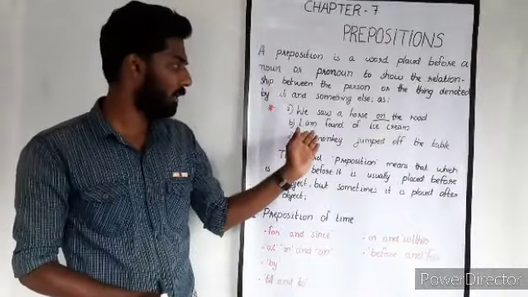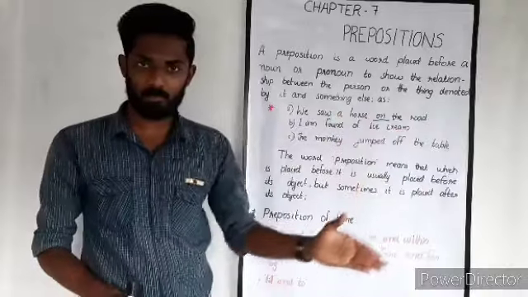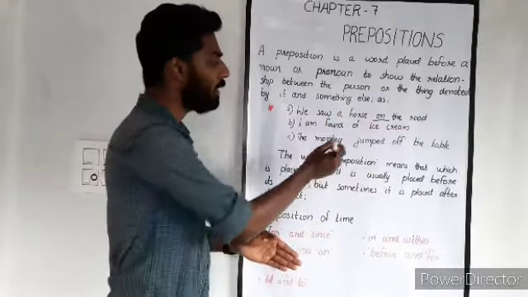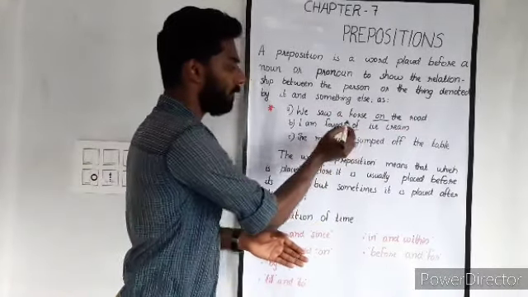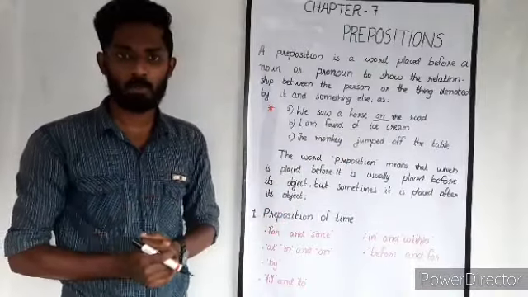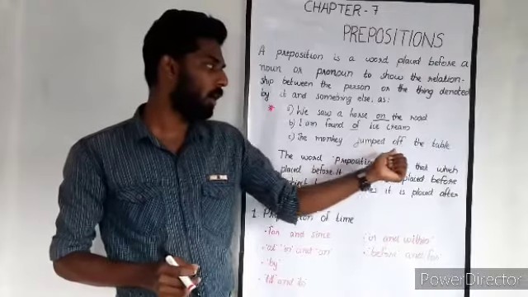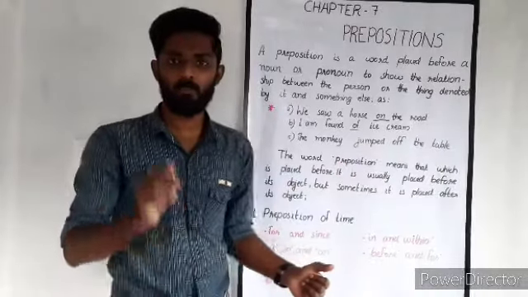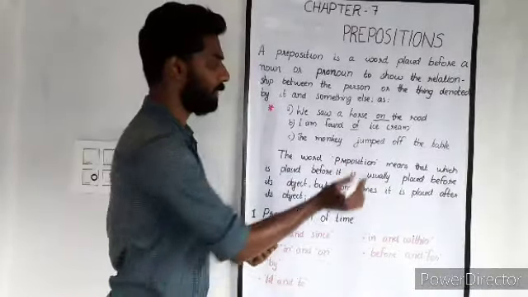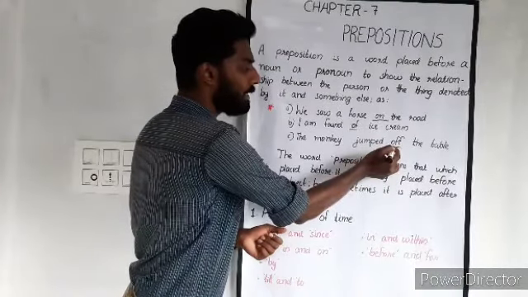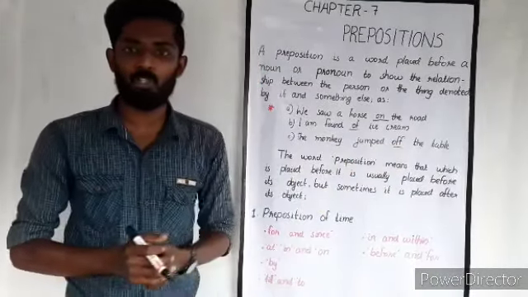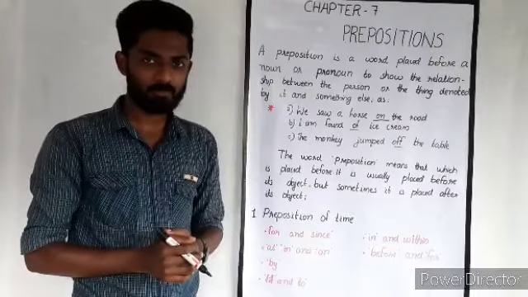For example, I am fond of ice creams. Here the word of in fond of is used as a preposition. The third example: the monkey jumped off the table. Which is the preposition here? The word off is the preposition used in the sentence.